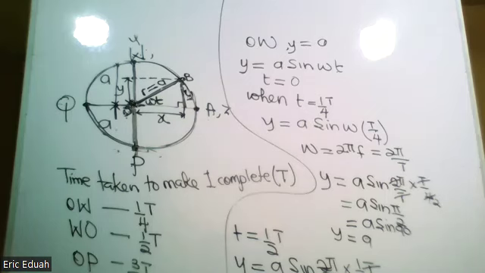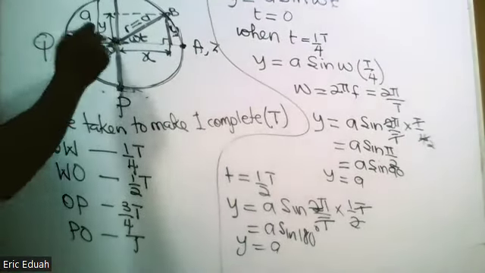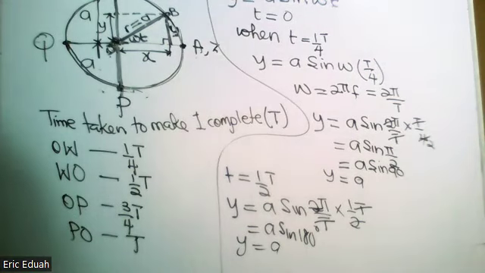O to P. Is minus A. Minus A. Good. So, please confirm. Substitute the time into it. O to P, the time is 3/4 of the period. So confirm for me.